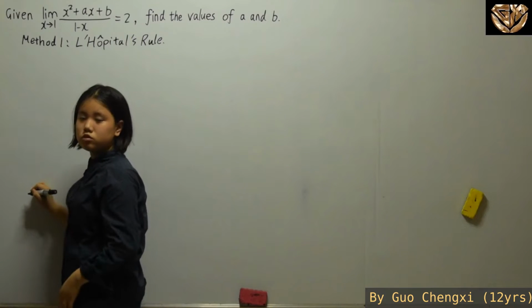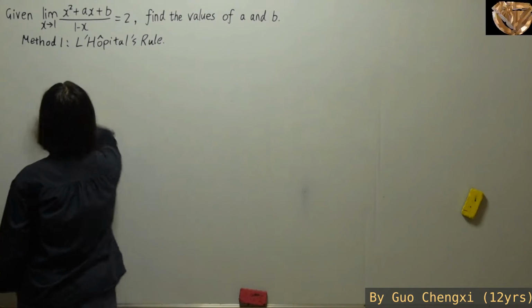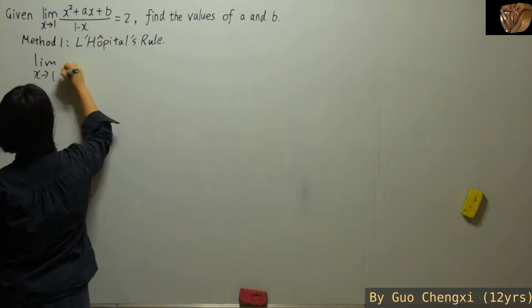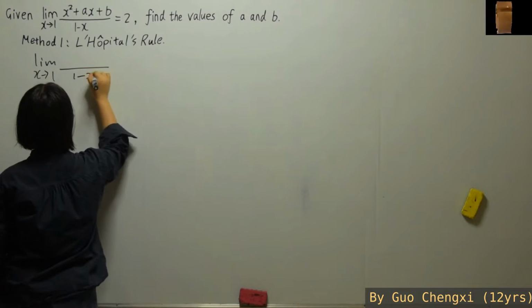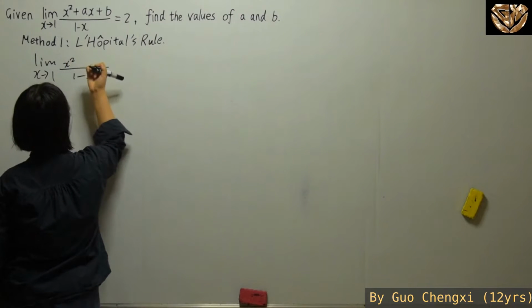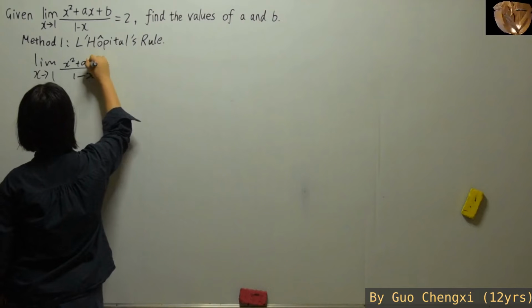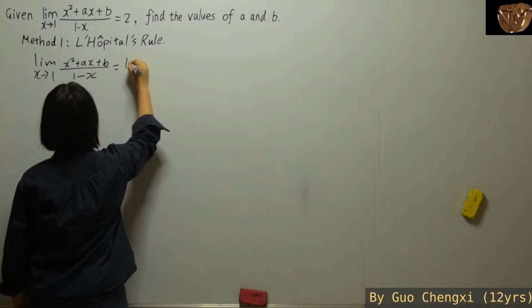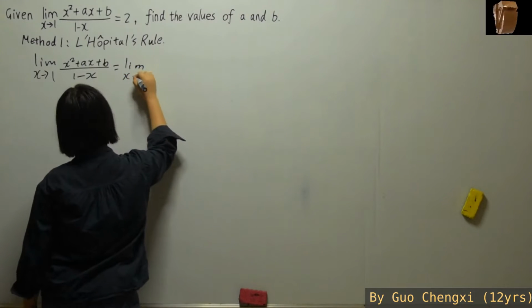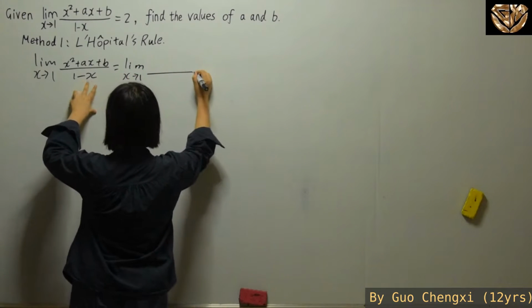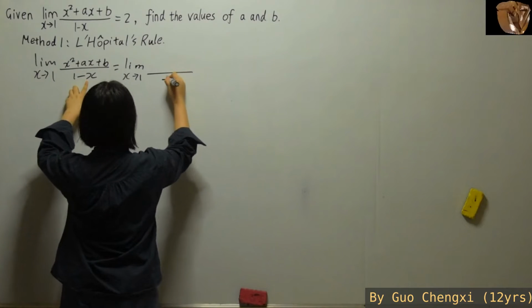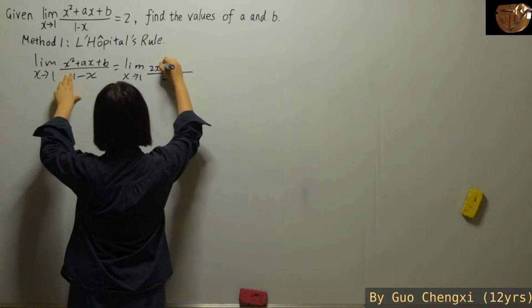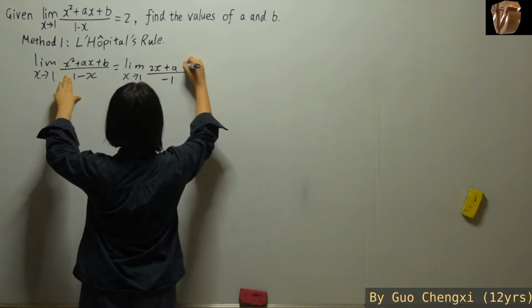So for the L'Hopital's rule, you use the rule and the denominator becomes -1, while the numerator becomes 2x plus a.